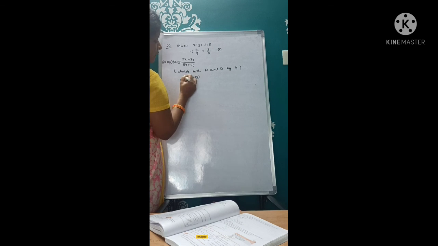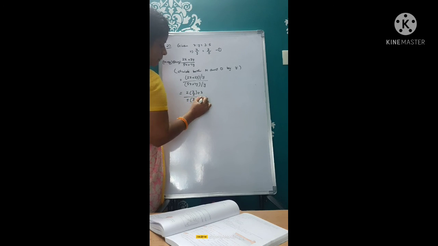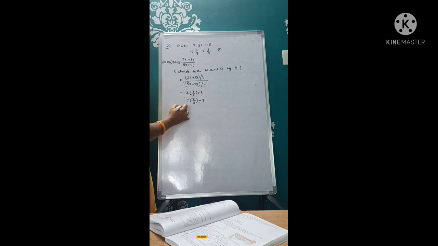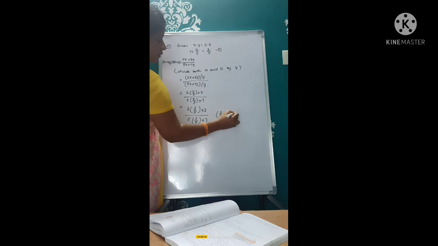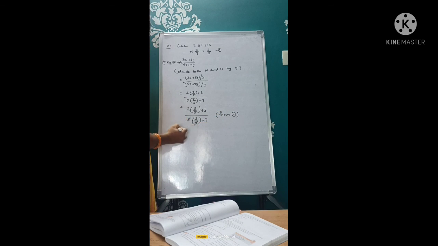2x plus 3y by y, 5x plus 7y by y. Means 2 into x by y plus 3, 5 into x by y plus 7, because y by y gets cancelled here. So substitute the value of x by y here. So 2 into 3 by 5 plus 3, 5 into 3 by 5 plus 7. So 5 cancels here.